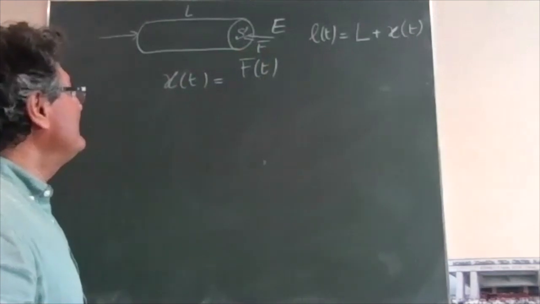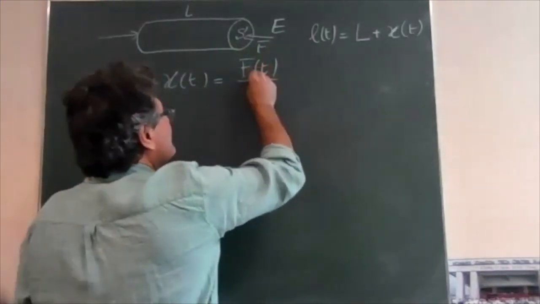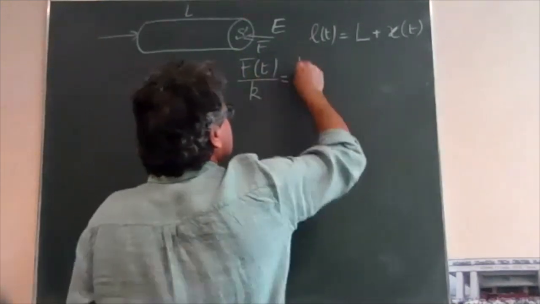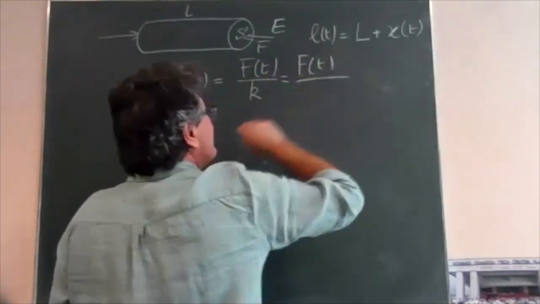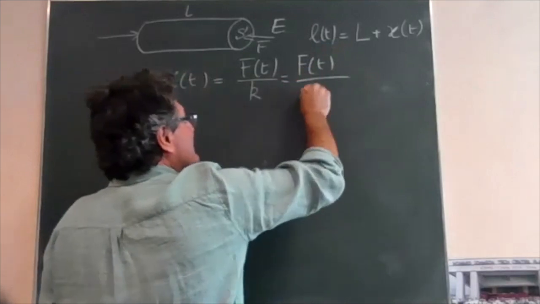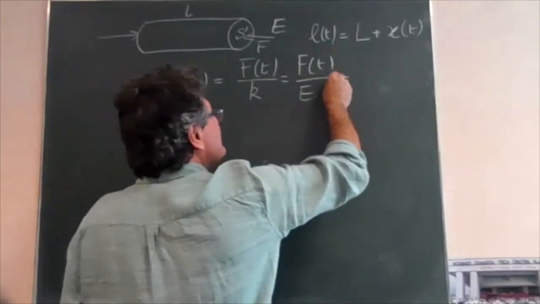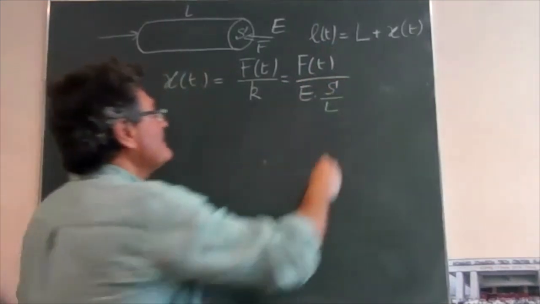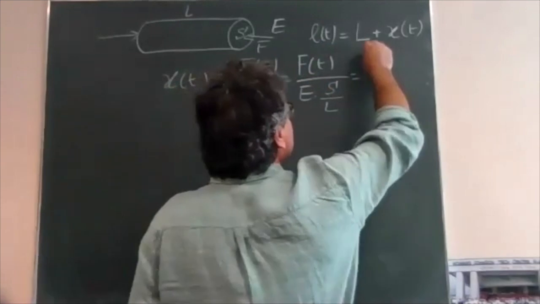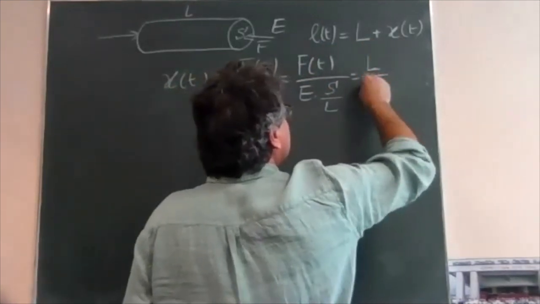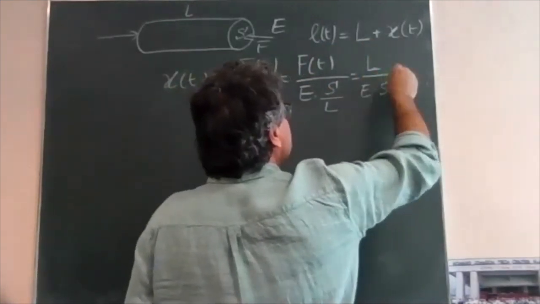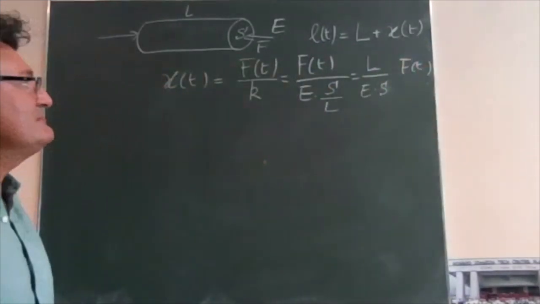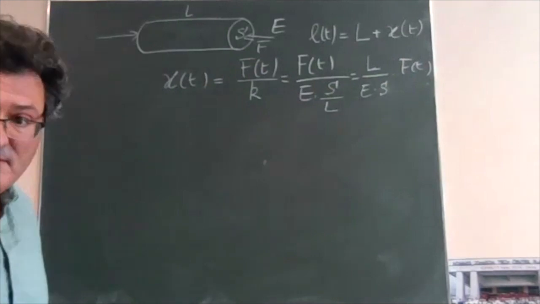And then we have to divide by the elastic constant of the system. So F divided by the Young modulus times the surface divided by the length, okay? So this is L divided by E times S.